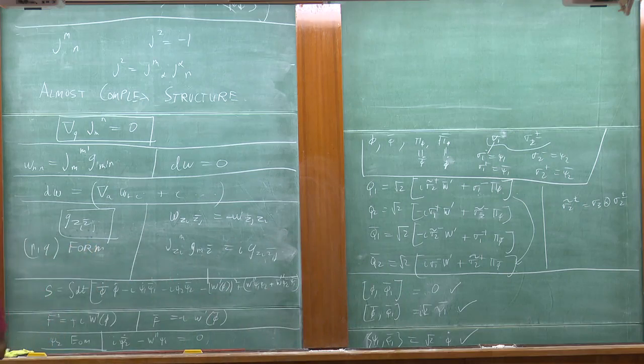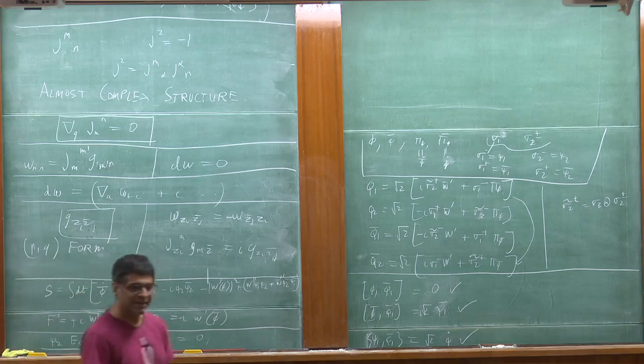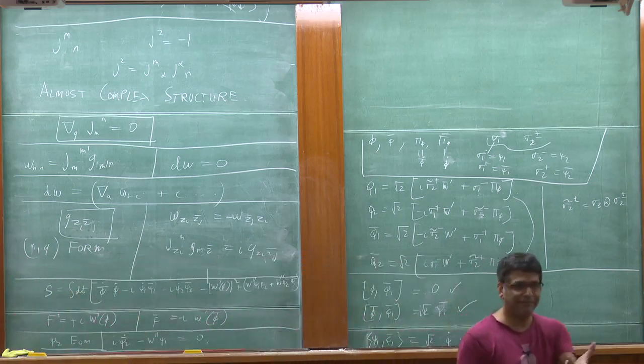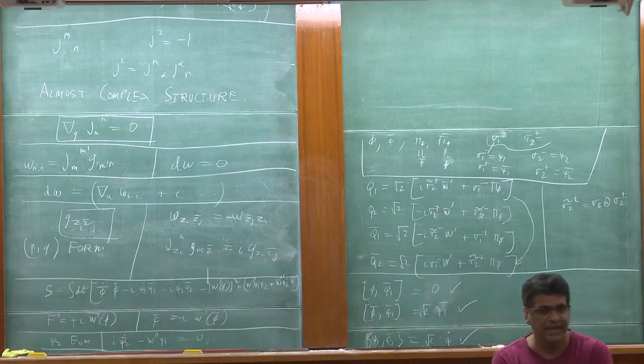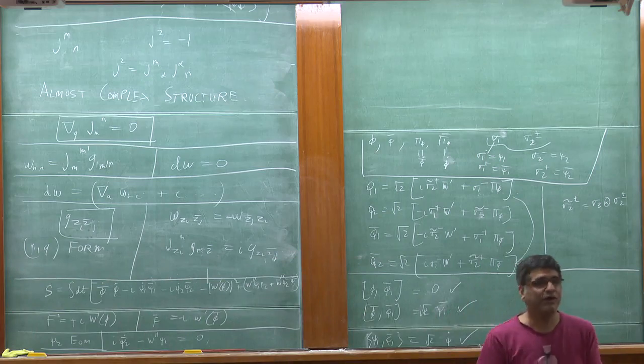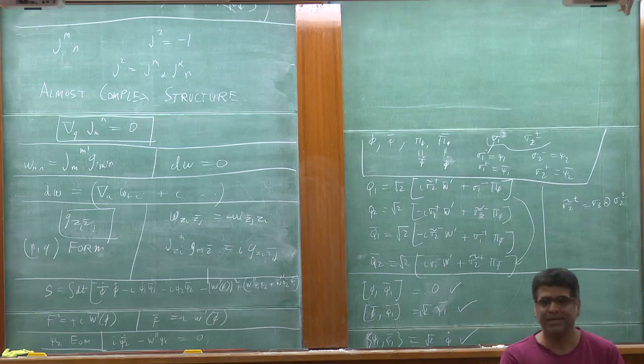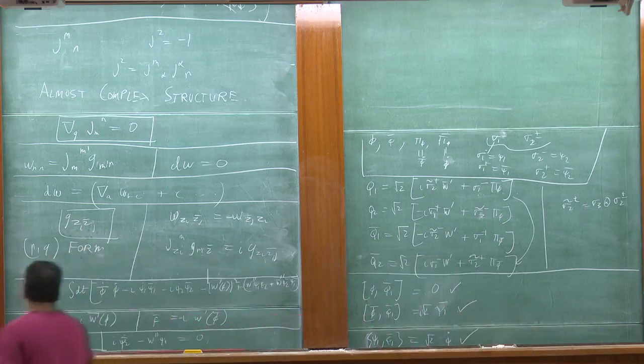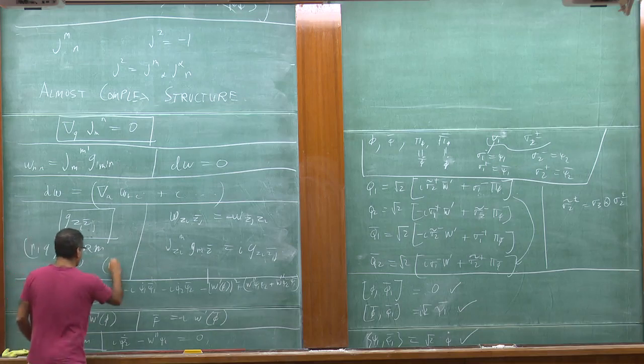A PQ form is an antisymmetric object of which P indices are holomorphic and Q indices are anti-holomorphic. So a PQ form is a particular case of an ordinary real differential form of degree P plus Q. This W here was what we call a 1-1 form.